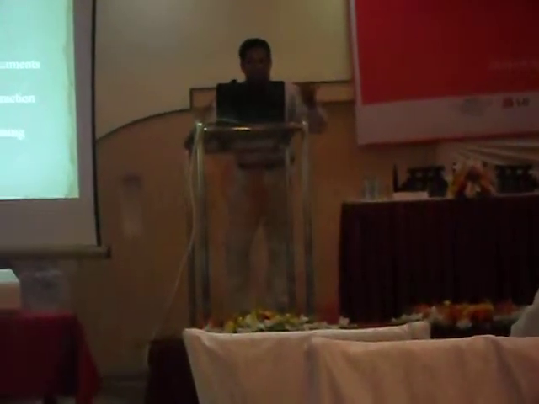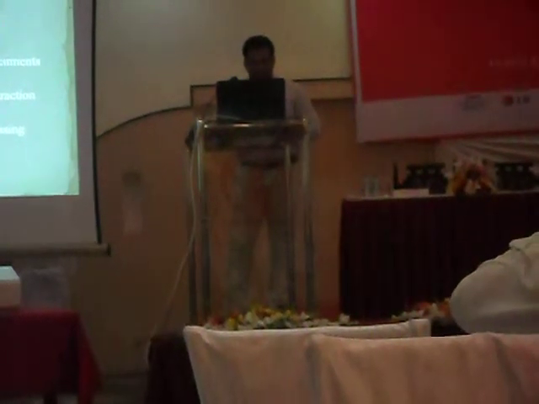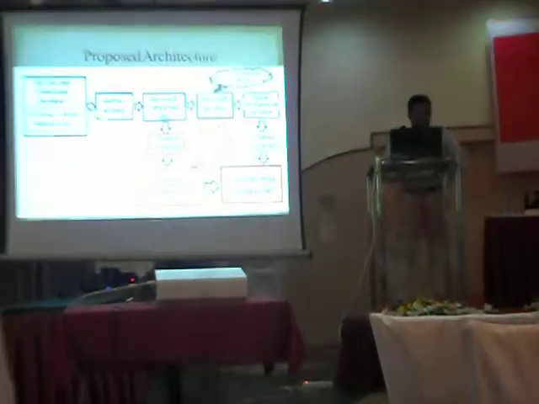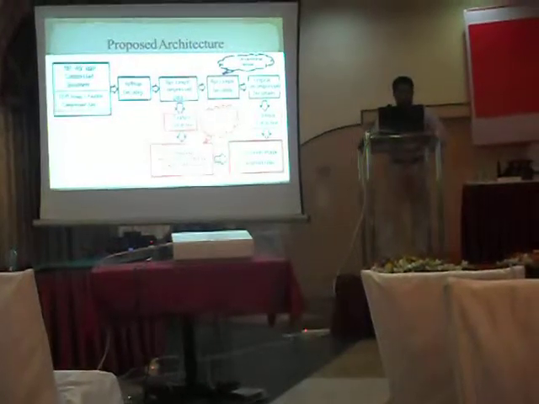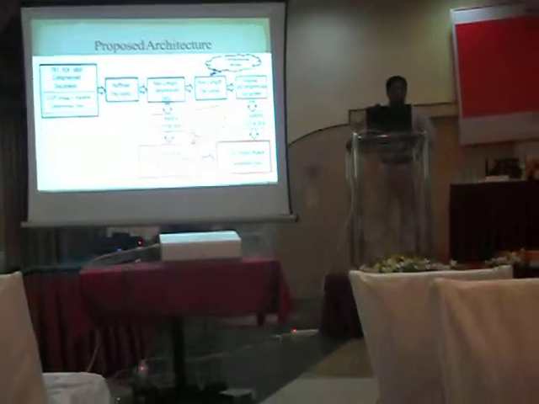Then I'm demonstrating the feature extraction methods using this data, and the proposed architecture. We see that in the compressed form, like TIFF, BMP or PDF, whatever you take, the data is actually Huffman decoded.